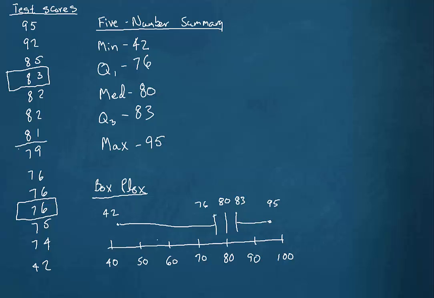And then we're going to draw some horizontal lines that will enclose this little box here that represents this range of values from the first quartile to the third quartile. And then we can take a quick glance at this thing and see that we appear to have some clustering of data.